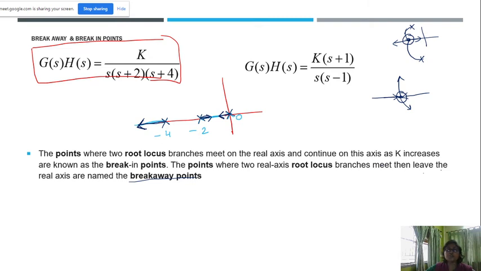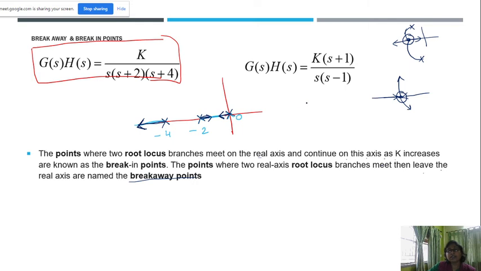The points where two root locus branches meet on the real axis: two root locus branches from the complex plane meet on the real axis and continue on the axis as k increases are known as break-in points. So these are breakaway and break-in points, and to get them we have a formula.